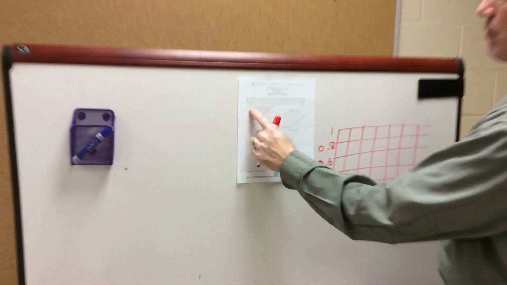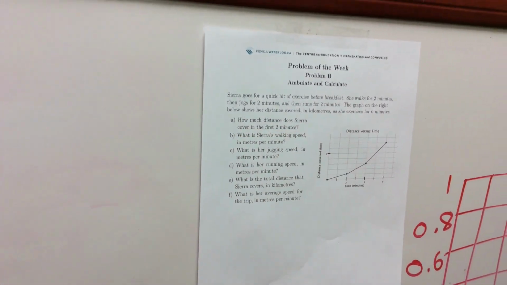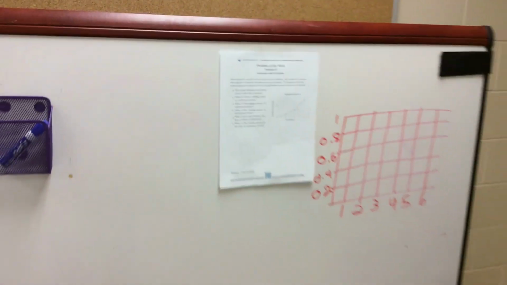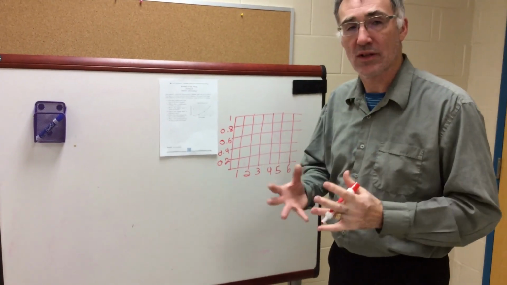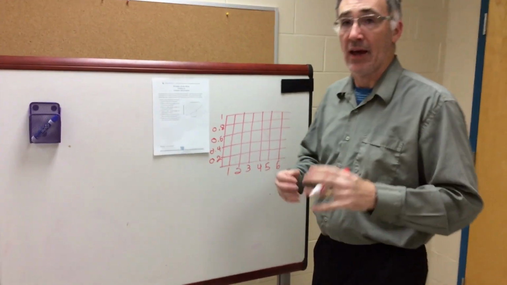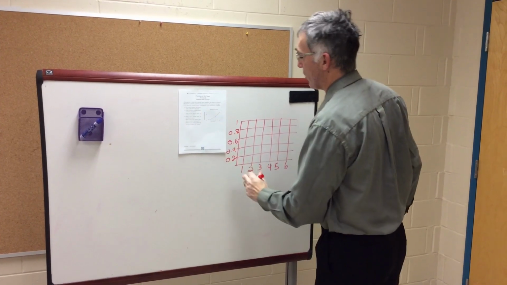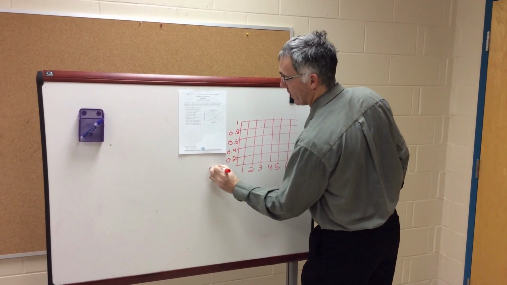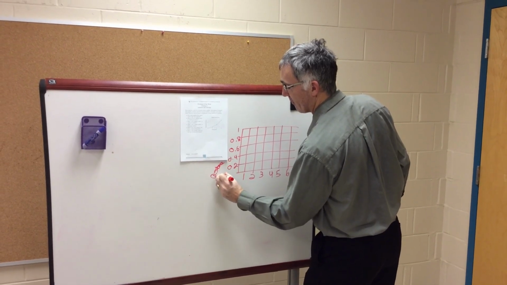But within our problem, which says, how much distance does Sierra cover in the first 2 minutes? We have to ask ourselves at this point, what are the key words? What are the ones that we need to draw out? And we recognize, number one, distance is actually contained within my label. And so we have distance covered over here.